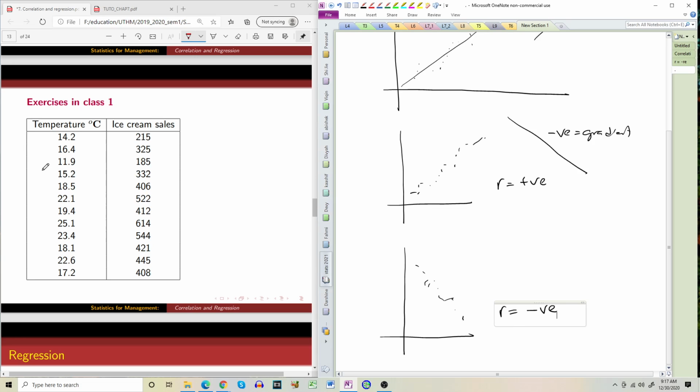Which one influences which one? Temperature influences ice cream sale, sir. Yeah. So this would be your x, this would be your y.